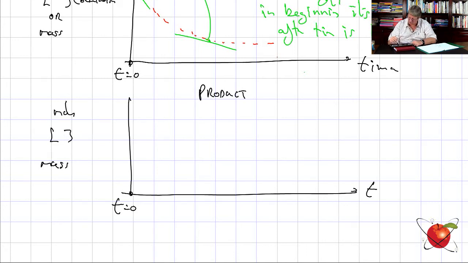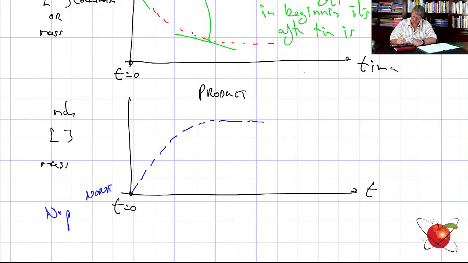Let's go to blue. None. There's no product, because when I drop the tablet in, there's no antacid in the water or nothing. No minerals. It's still got to dissolve.